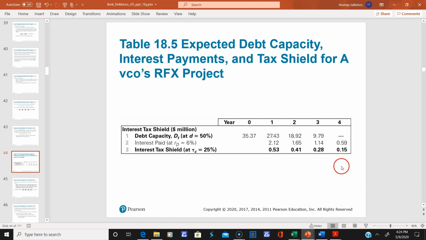Here's the debt capacity each year, and here's the interest. If you take 6% of the debt right here, you'll get these numbers. Take 6% of that, and that's the interest paid. Then the interest tax shield at 25% will be 25% of these numbers. So this is the interest tax shield that will be used to get the levered portion. That's what we need there.